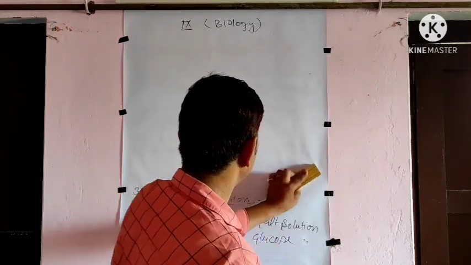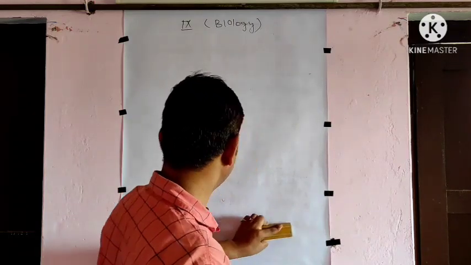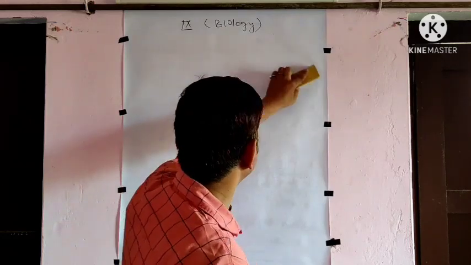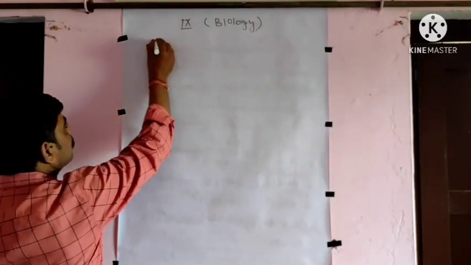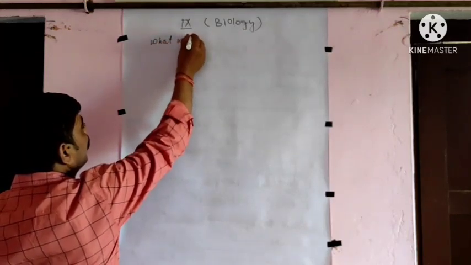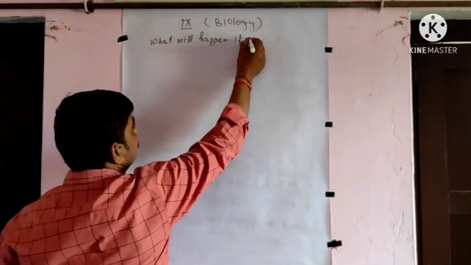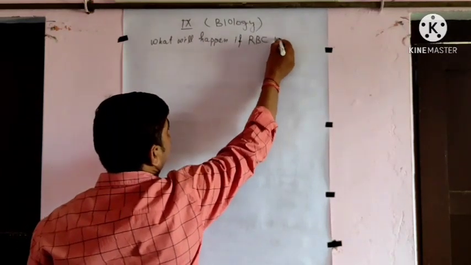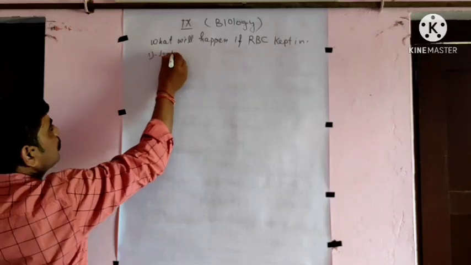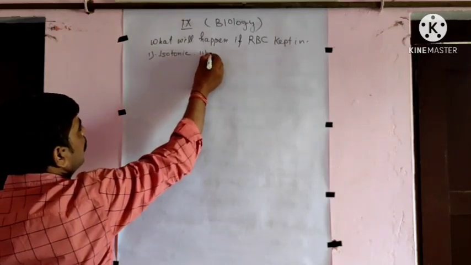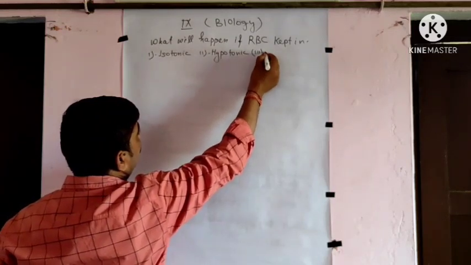What is the question? What will happen if RBC is kept in isotonic solution, hypotonic solution, and hypertonic solution?